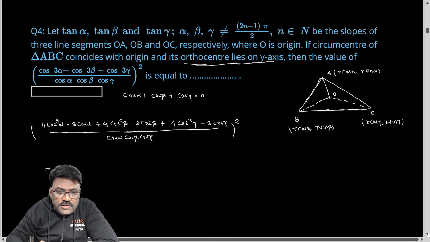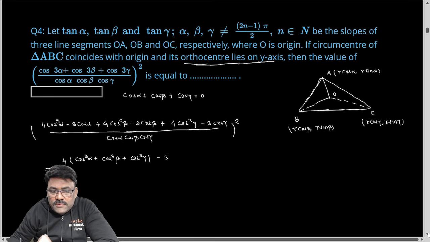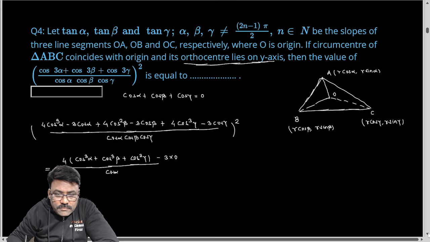So now you can see that in the numerator it is 4 times cos cube alpha plus cos cube beta plus cos cube gamma, minus 3 times cos alpha plus cos beta plus cos gamma. And cos alpha plus cos beta plus cos gamma is 0, so it is 3 times 0, divided by cos alpha cos beta cos gamma, whole cube here.